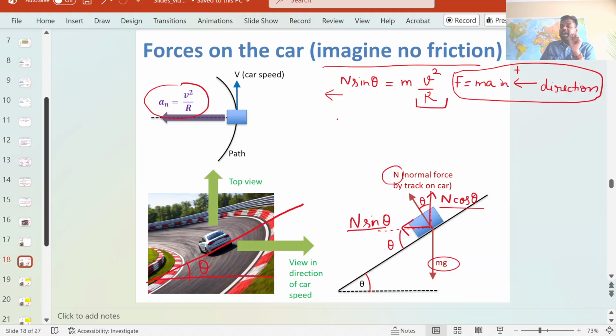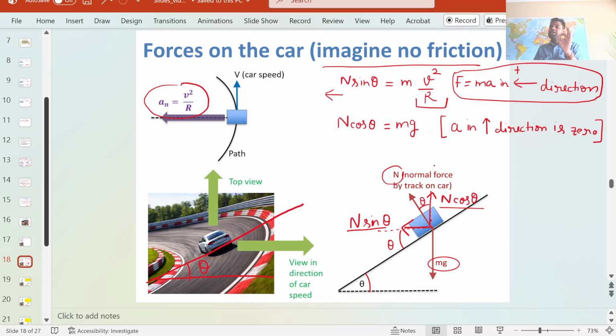And then we have n cosine theta equal to mg, because acceleration in this direction is 0, right?